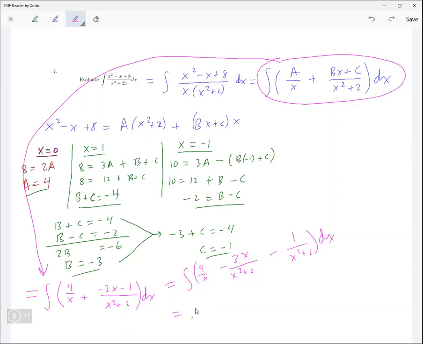Of course, this first one is just going to be 4 log of absolute value of x. The second one is, if you look at the log of x squared plus 2 and take the derivative of that, you'll have 1 over x squared plus 2 times, and you'll have a 2 coming out, right? So if we just write negative 3/2, then that will take care of the 2.